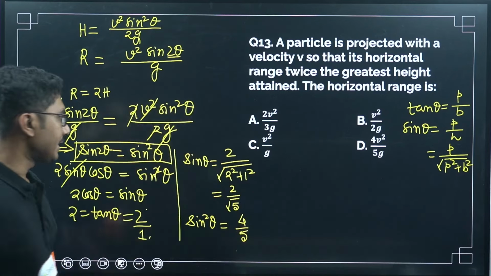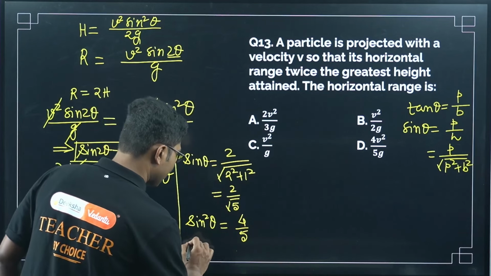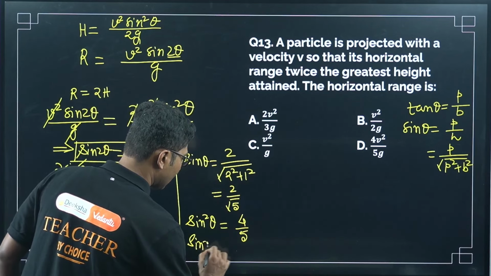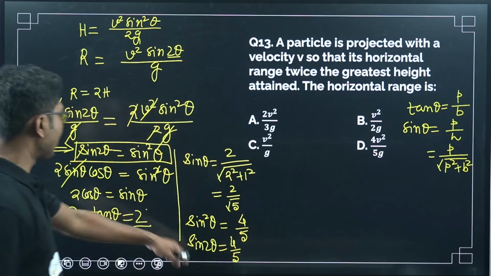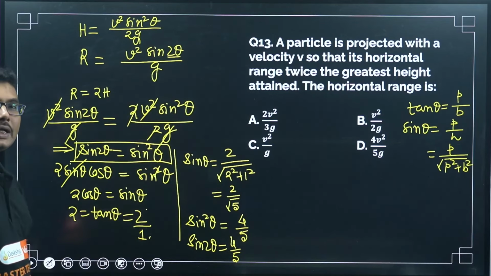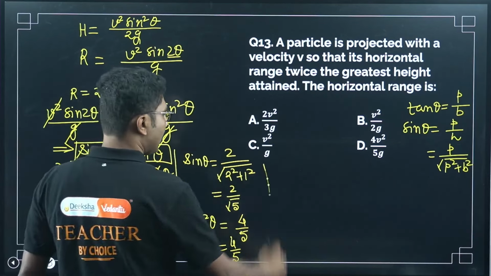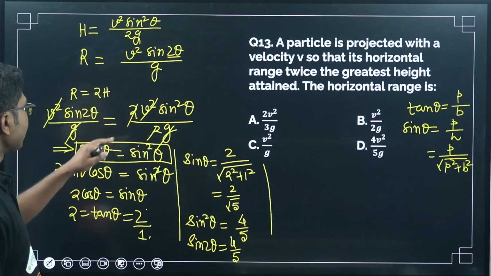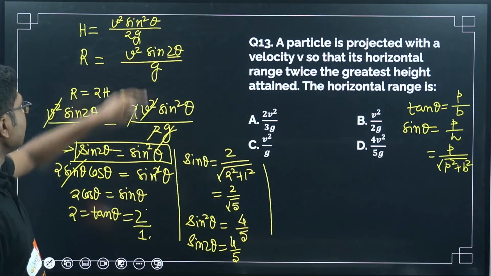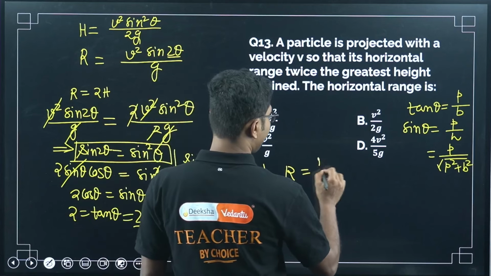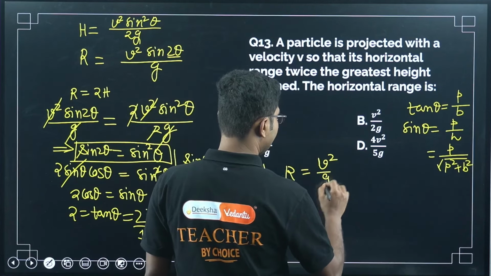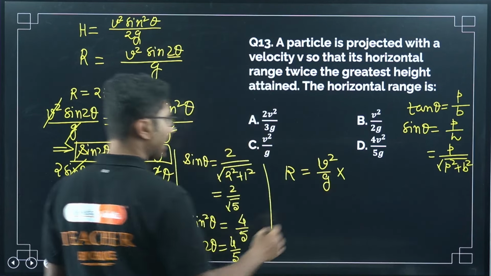So sine 2 theta is 4 by 5. Now we will put this value of sine 2 theta in the range equation. So range is basically given by v square by g times sine 2 theta, that is 4 by 5.